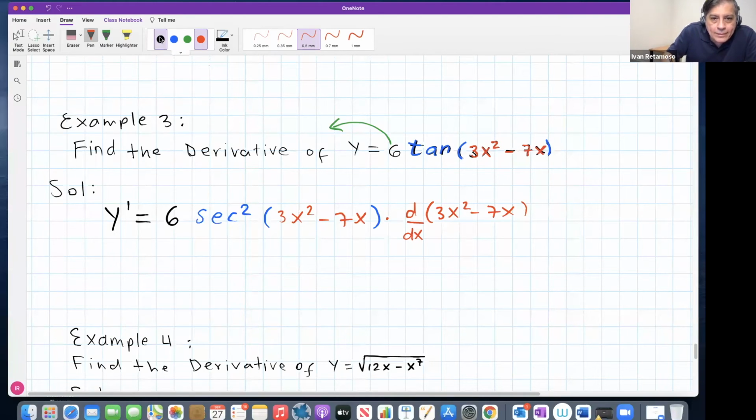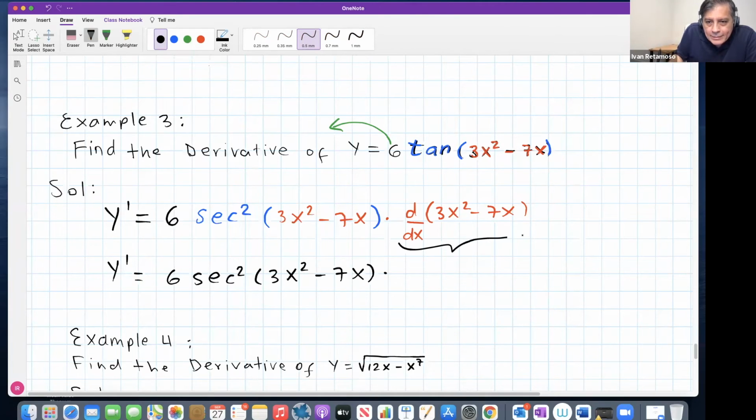All right, so this will be equal to what? Y prime will be 6 times secant squared of 3x squared minus 7x times this. What is this derivative? Anybody could type it on the chat or say it? Derivative of that polynomial function 3x squared minus 7x. Very good, guys.